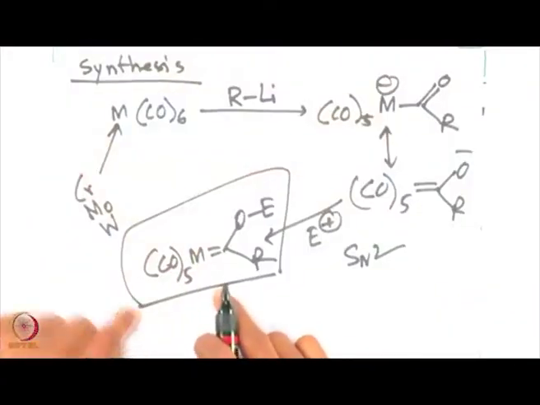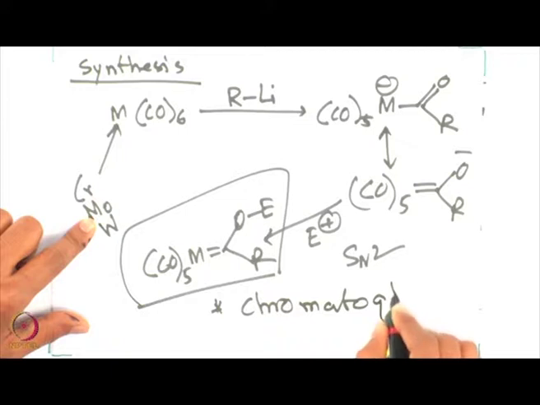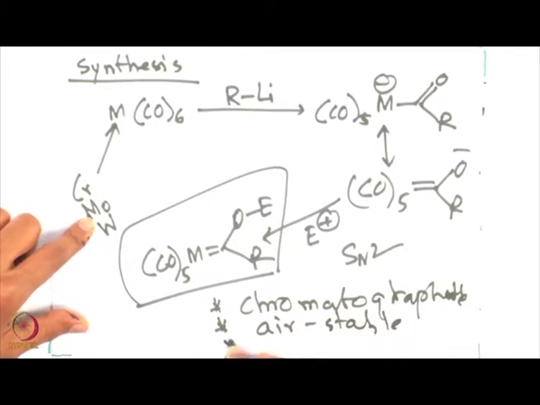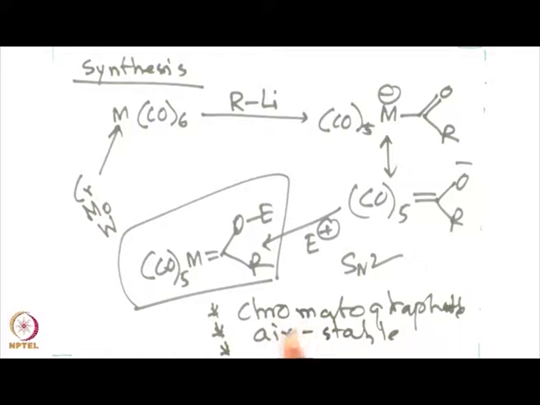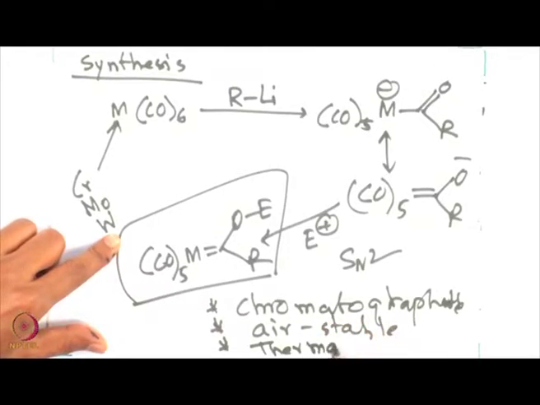So, the characteristics of these organometallic intermediates are that they are chromatographable, air stable, and most importantly they are also thermally stable. Therefore, you do not have to worry about the reactivity pattern.